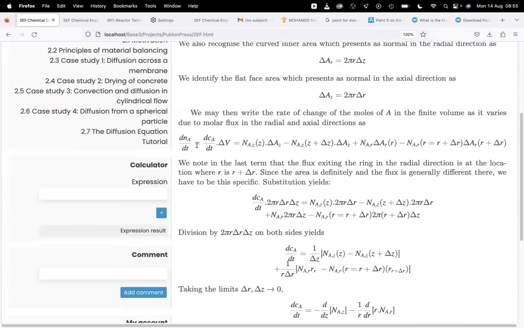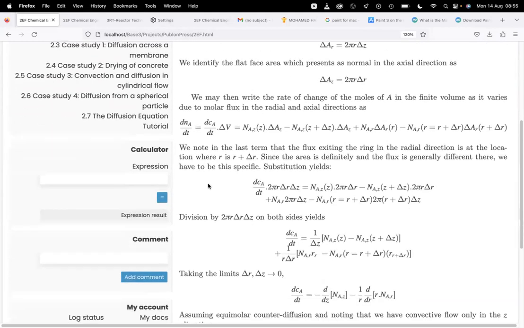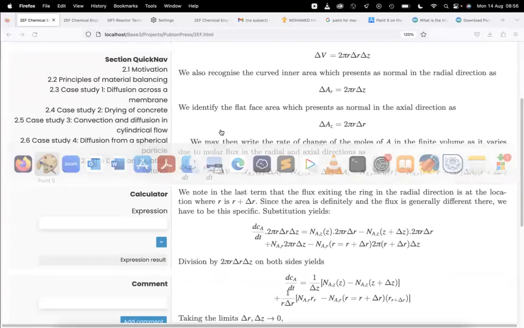So we know we want the rate of change of the number of moles in this finite volume. And we can get that by taking the rate of change of the concentration times the volume of that finite volume. And we've already defined what that is there. So that's the rate of change of the number of moles inside this ring.